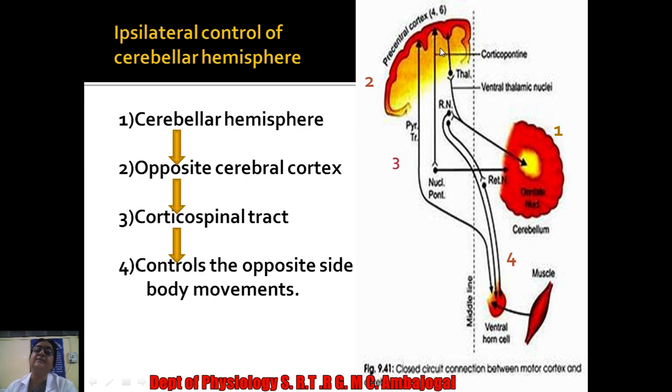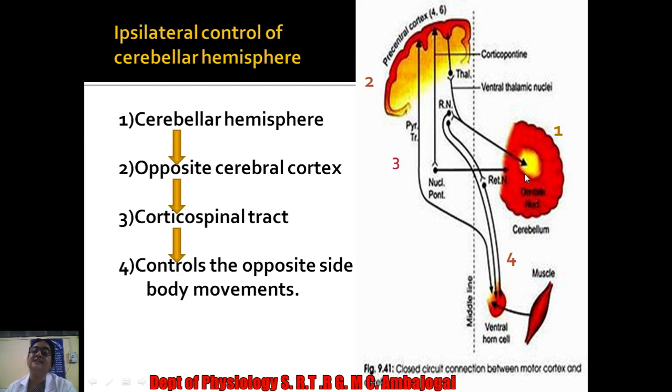And if you see the pathway of this corticospinal tract, it crosses while entering into the spinal cord toward the opposite side. So first, the connection from the cerebellum goes to the cortex in the opposite direction. Again from the cortex it is crossed at the spinal cord level.